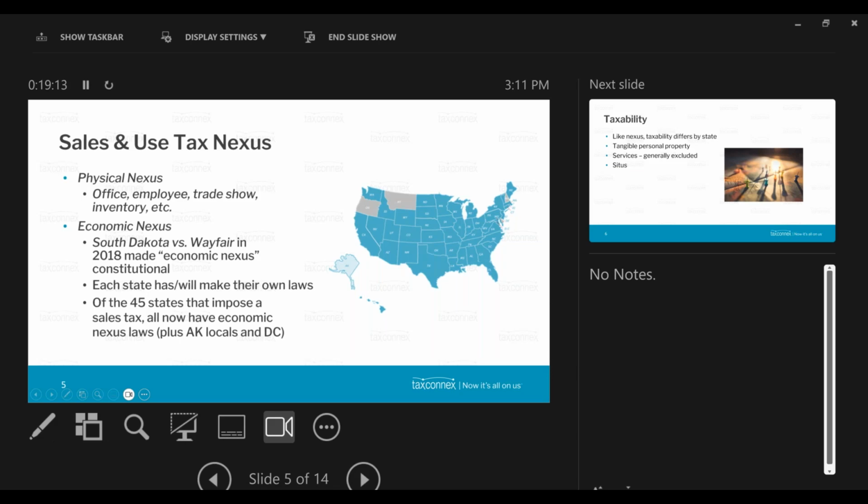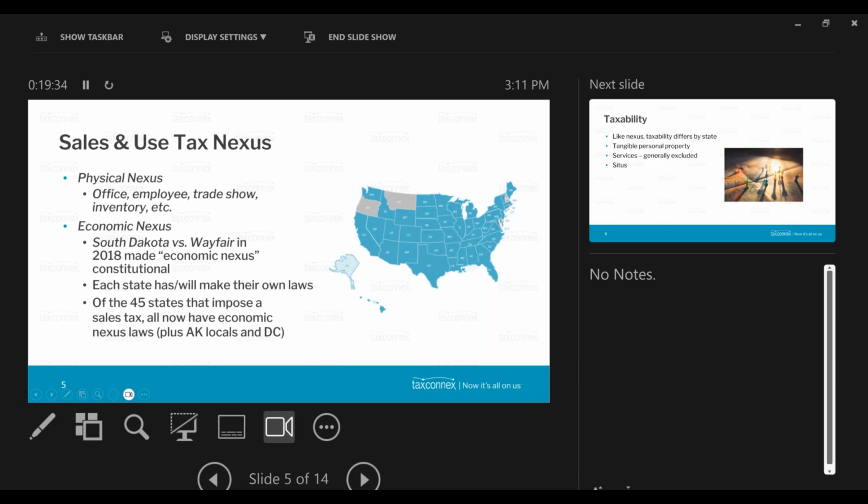This was a relatively new phenomenon. Most of the states had attempted different levels of trying to widen the cast net to capture more taxpayers. But in doing so, South Dakota kind of forced a decision, and that decision went all the way up to the U.S. Supreme Court.